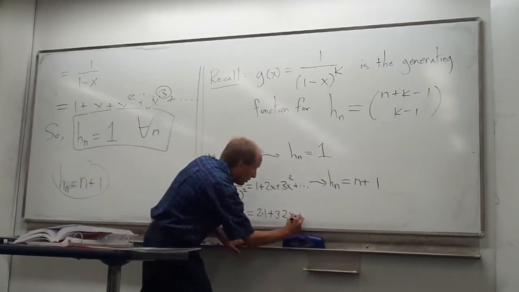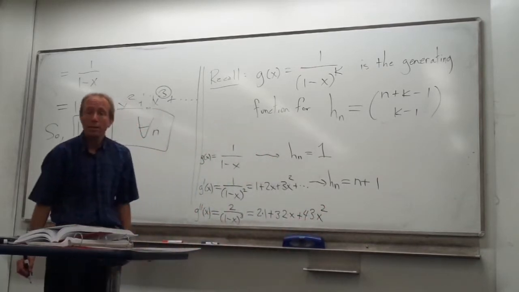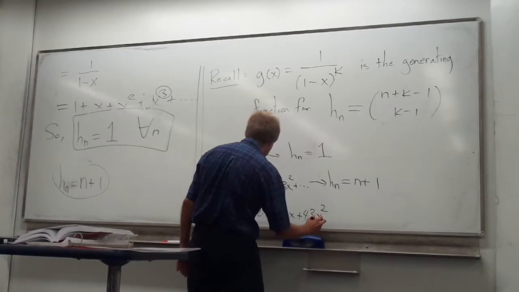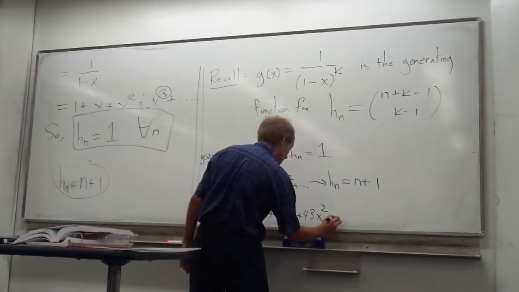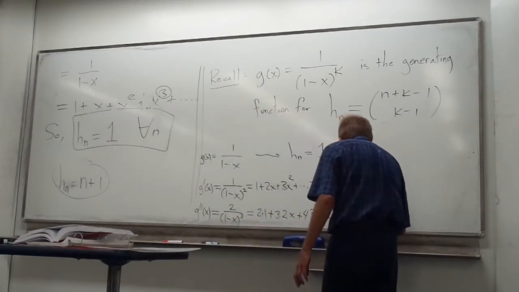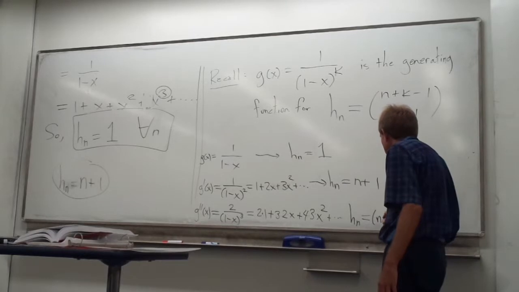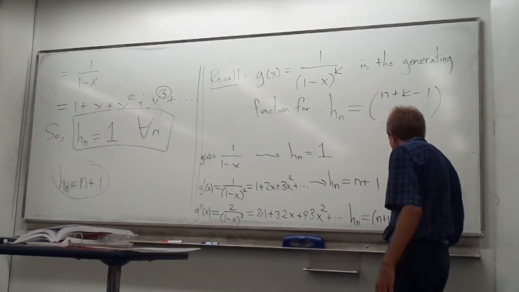And the next term over will be 4 times 3 times x squared. So what you'll notice here is that the formula for h sub n is actually n plus 1 times n plus 2.